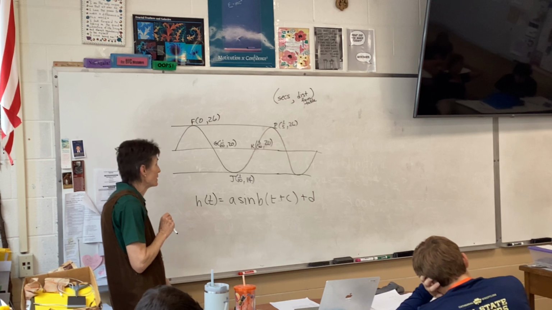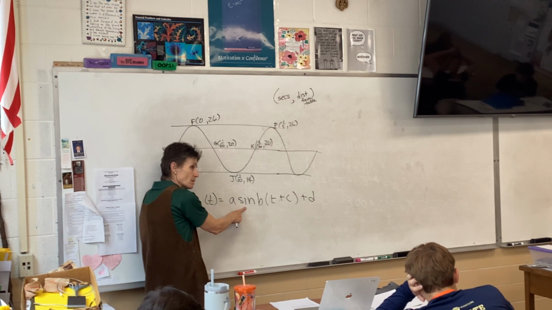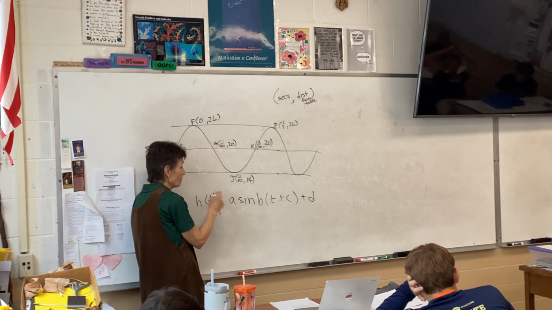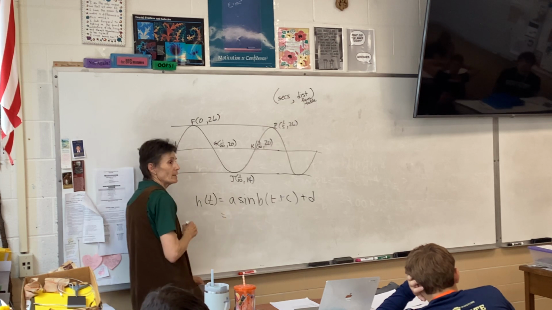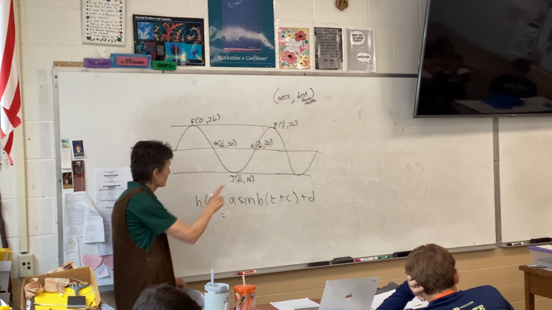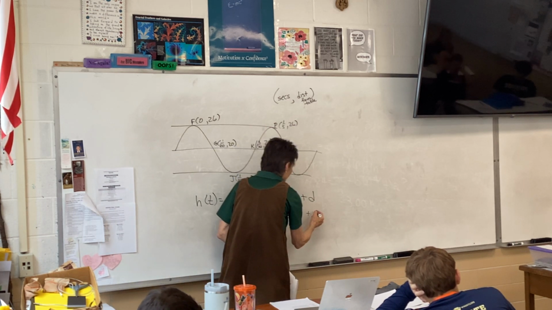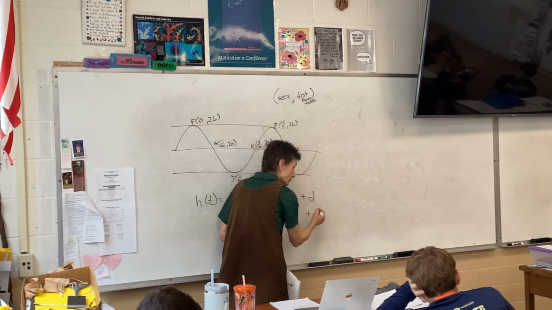We're going to write the equation. They tell us it's going to be a sine equation. That could also be a cosine equation, but I'm doing sine. So tell me what I know. So you know D is 14 or 20. 20.